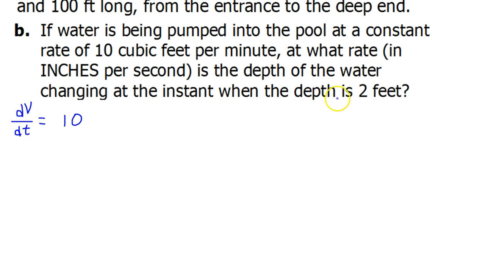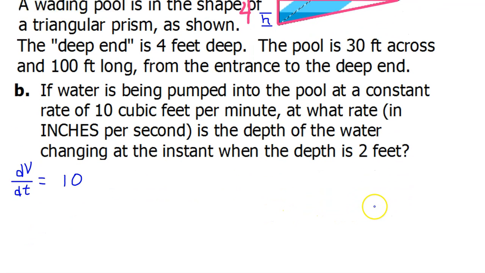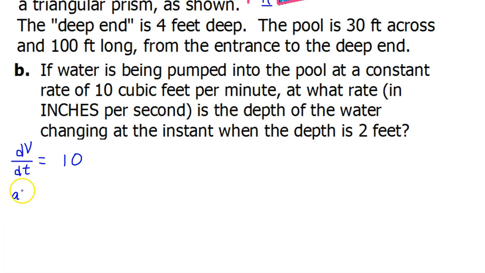When the depth of the water is 2 feet, we do not have a variable for the depth of the water. So we need to create one and define one. Let's call it h, and we can define it by simply including h in the picture like this. So at the moment when h is 2 feet, let's add that to the inventory: h equals 2.